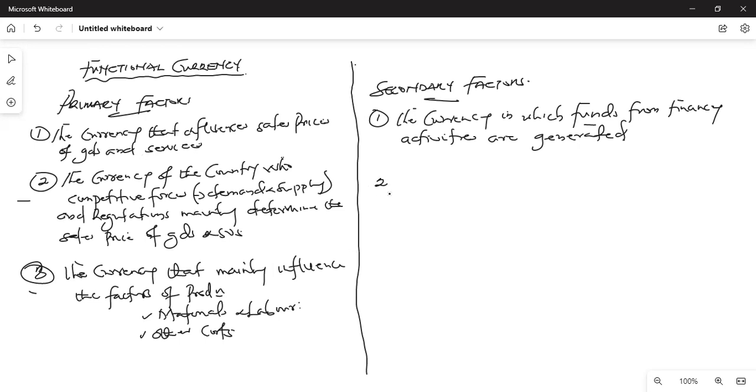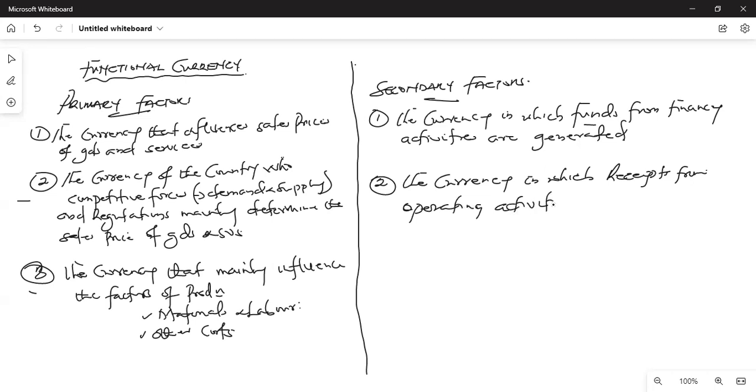We said number two, the standard also says that the currency in which receipts from operating activities are retained.